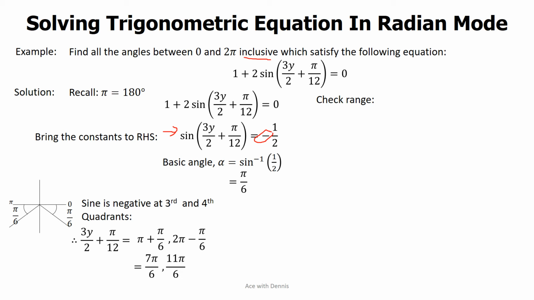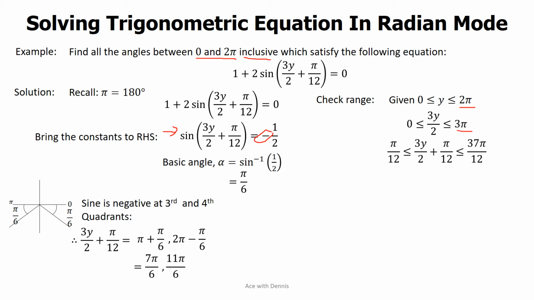Now the next step, let's check the range. Given it is from 0 to 2 pi inclusive for the range of y, then for the range of 3y over 2, it will be 0 to 3 pi. Left hand side times 3 over 2, right hand side also times 3 over 2, you get 3 pi.